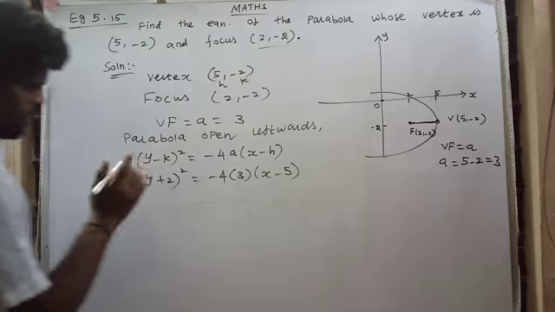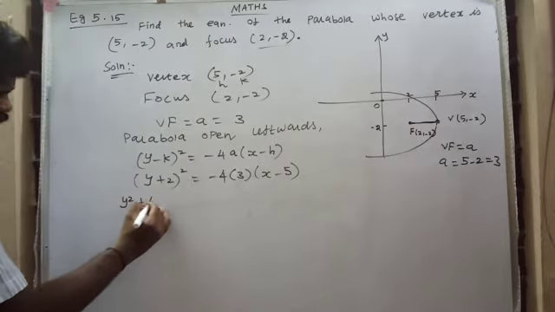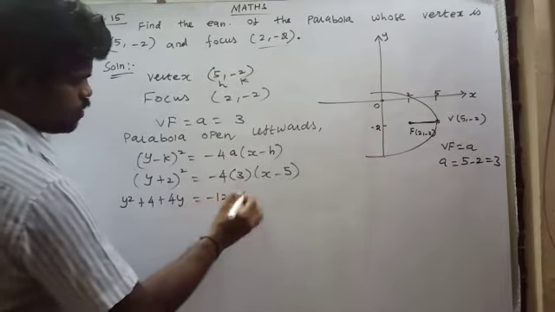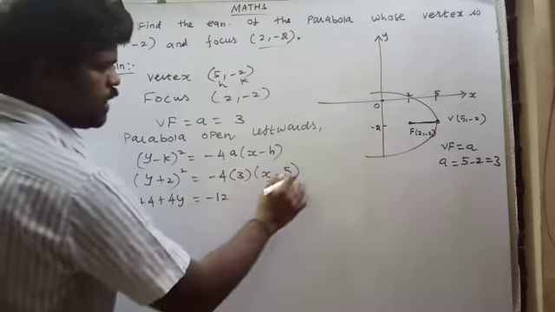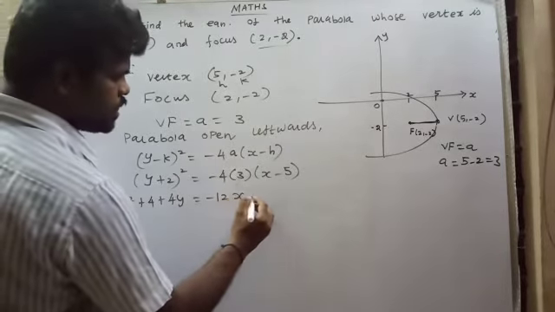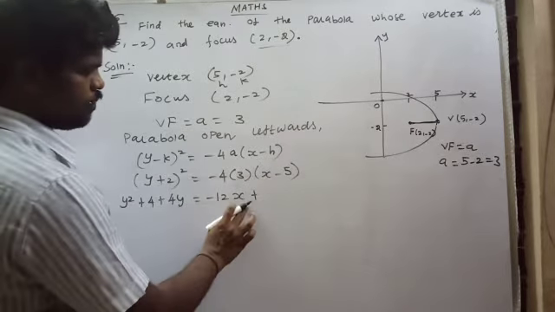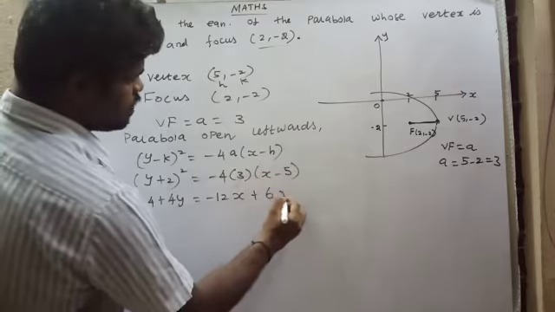We want to expand this: y² + 4 + 4y = −12x + 60.